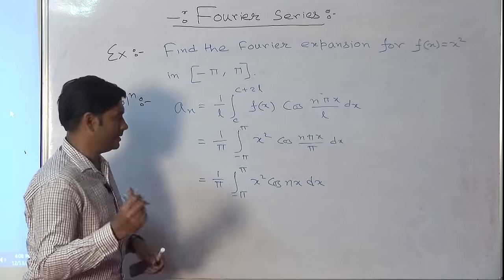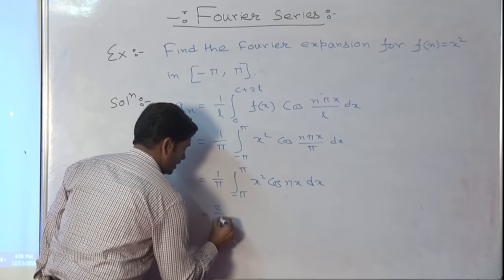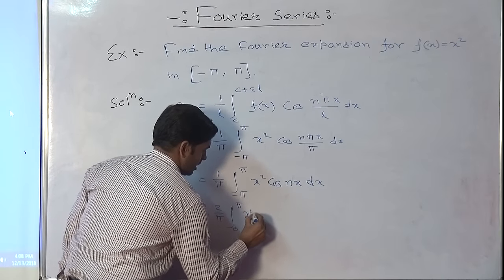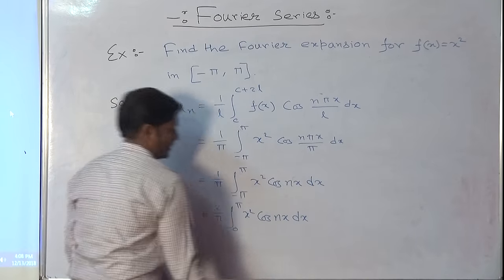Therefore we can write this as 2 by pi integral 0 to pi x square cos of nx dx.